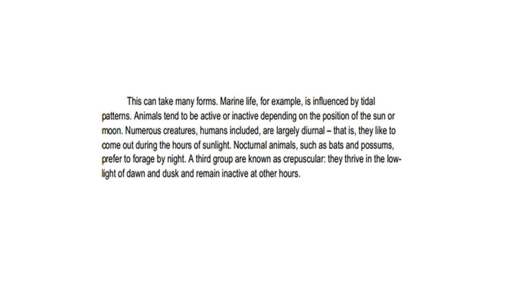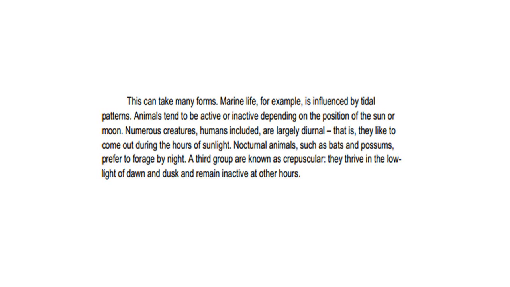Answer 3 should appear after answer 2 in the text, so start reading from where you got answer 2 from. It says, animals tend to be active or inactive depending on the position of the sun or moon.